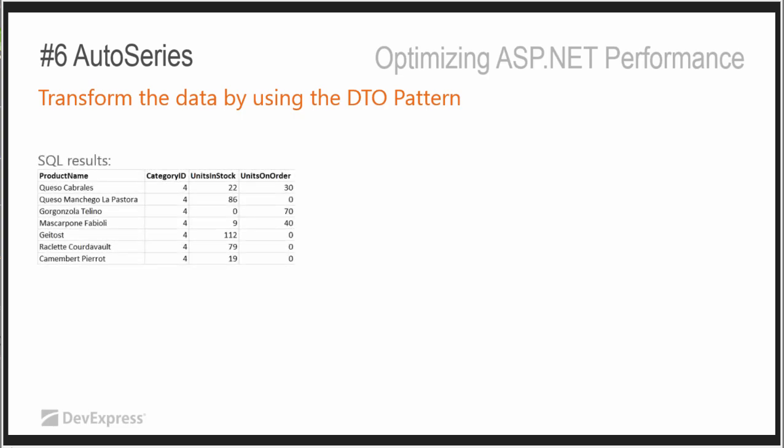This is the result that we show in the chart that I've just shown you. But if we want to use the AutoSeries, then there should be some distinction between the units on stock and the units on order.